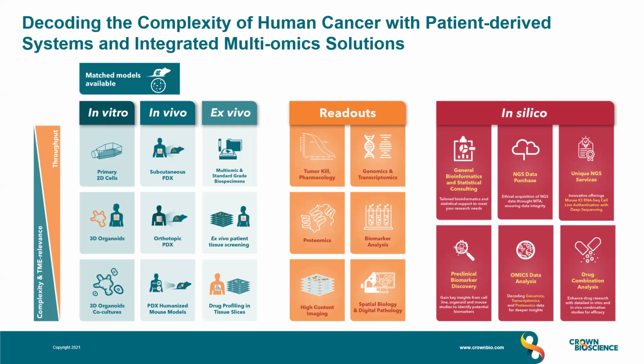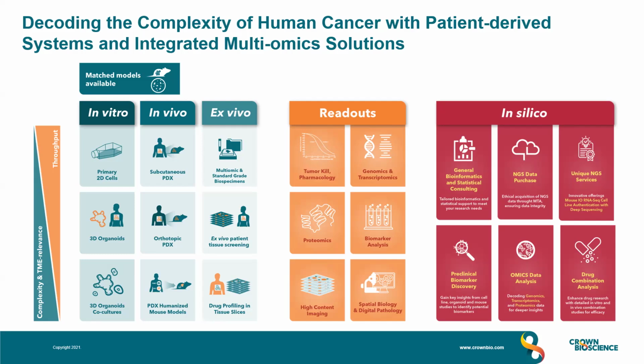And then there'll be more complex, such as co-cultures. And I'll give some of these examples later. And also give examples of where there may be some matched models as well from in vitro to in vivo. And then similarly in vivo, you have the subcutaneous models versus orthotopic, and then more complex humanized systems.